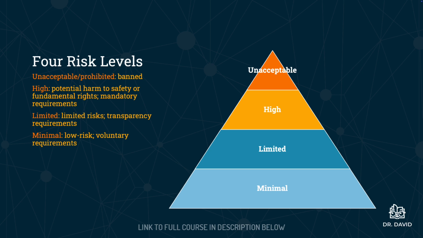Limited risk systems pose, well, limited risks. For these systems, there are some transparency requirements. And finally, minimal risk systems will have low to no risk. And for these systems or for their organizations, there are voluntary requirements.